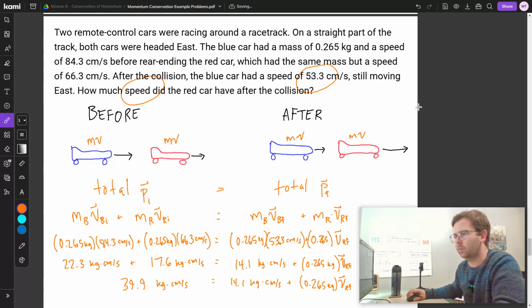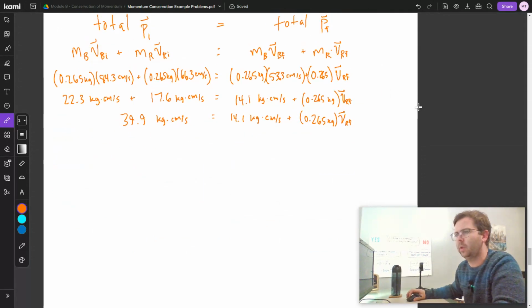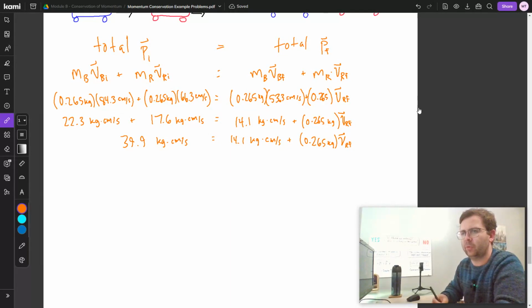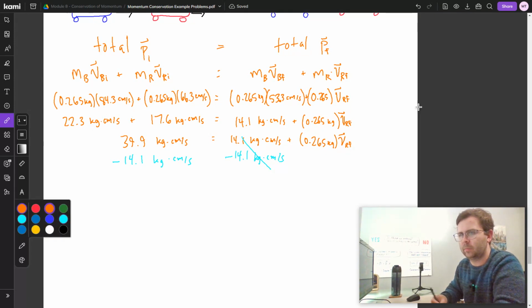And so we're going to get rid of whatever's next to it. We're going to first subtract both sides by 14.1. So that will cancel it out here. We're going to do the same thing to this side over here. So that will be 25.8.